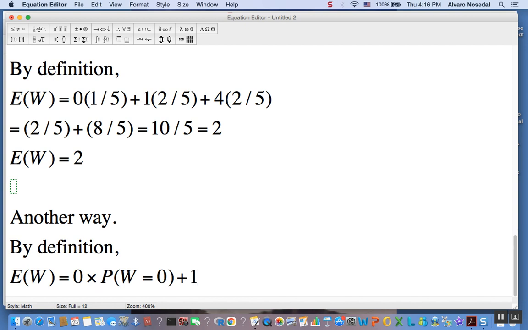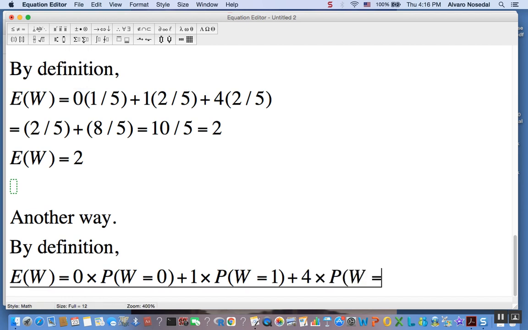We have the same for the other possible values: 1 times the probability that W equals 1, plus 4 times the probability that W equals 4. That's just using our definition.